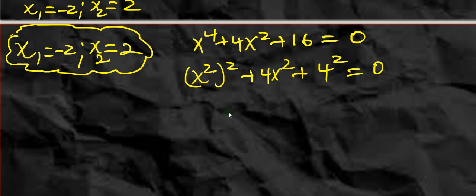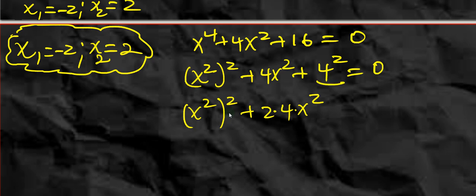So if we want to complete the square, guys, we have to say that this is x squared plus 2 times 4 times x squared, these are our terms here, squared, and then plus 4 squared.